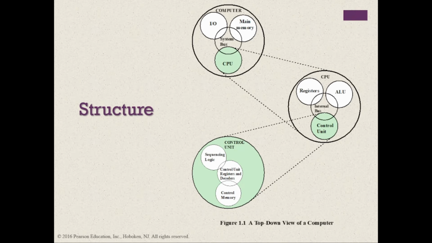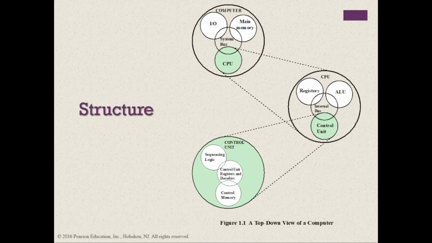Then we examine a typical multi-core structure. Figure 1.1 provides a hierarchical view of the internal structure of a traditional single processor computer. This is an example of a top-down approach. We have a computer which has I/O, main memory, the system bus and the CPU. Then we look at the components inside the central processing unit.